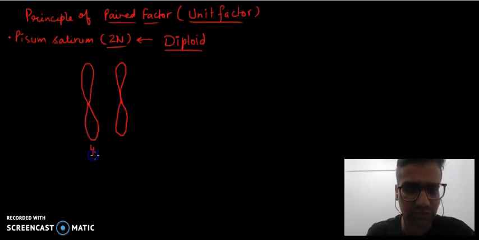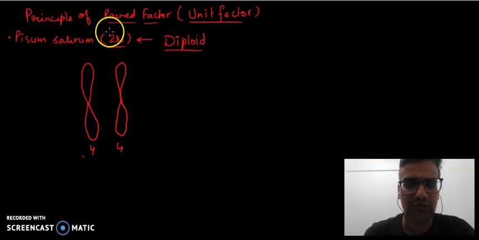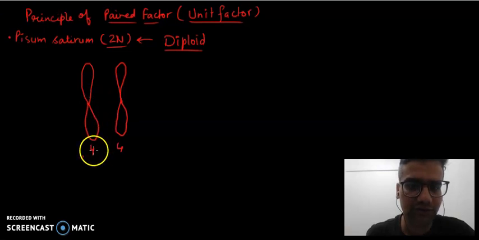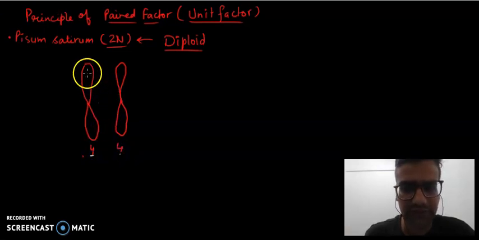So this is also chromosome number 4 and this is also chromosome number 4, because they are present in the form of pair, therefore the law is paired factor or principle of paired factor.